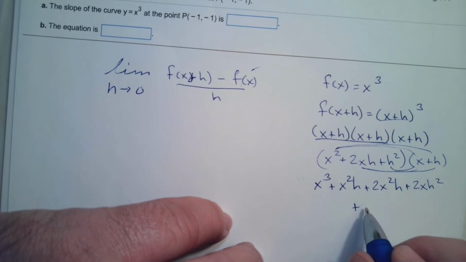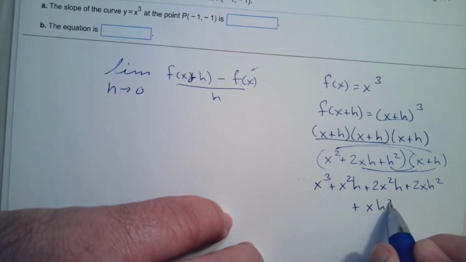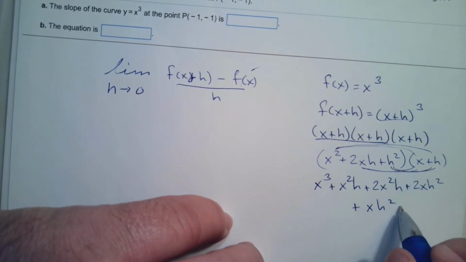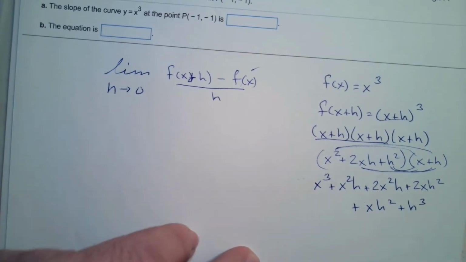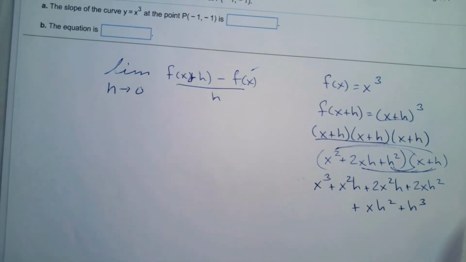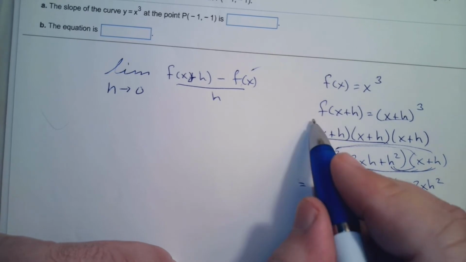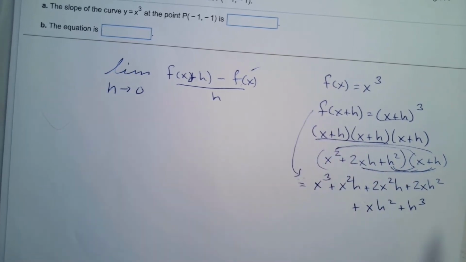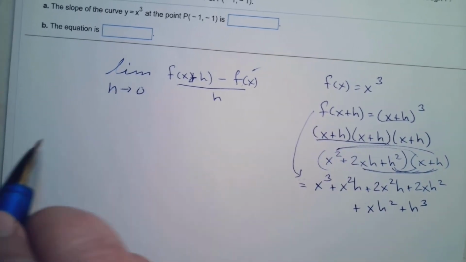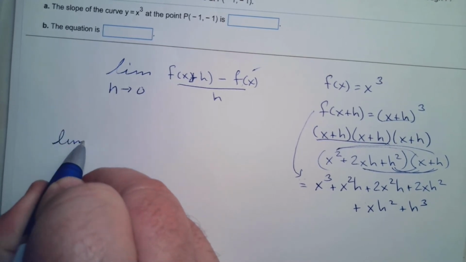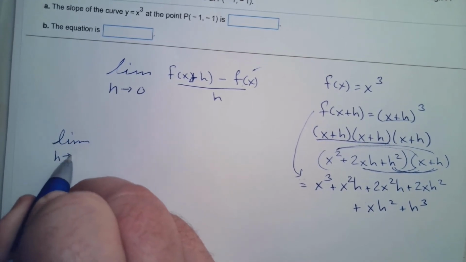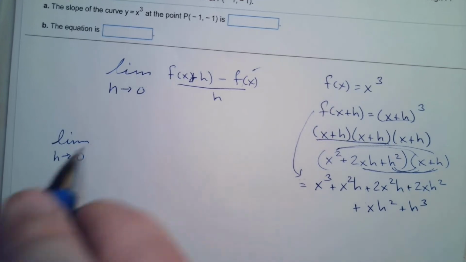Then h squared times x is xh squared. And then h cubed. So this is the entire first part. So we'll look at the limit as h goes to 0.